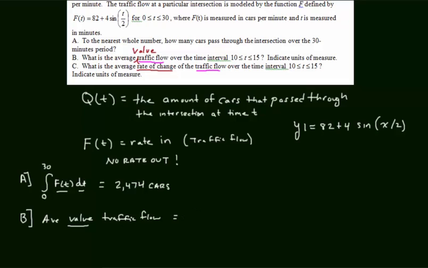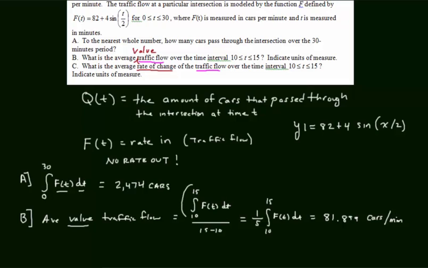So the average value of f of t is the integral 10 to 15 f of t dt divided by the interval 15 minus 10, often written 1 over 5 times 10 to 15 f of t dt. That answer will come out to be 81.899, and the unit is going to be cars per minute.